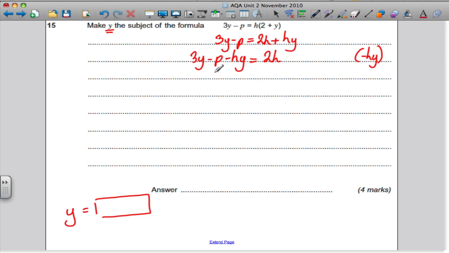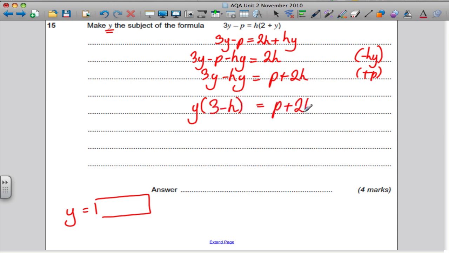Remove this here because it doesn't have a y in it, so add p to both sides. So you've just got things with y's in it: 3y minus hy is equal to p plus 2h now. You've got a y as a factor of 3y and a y as a factor of hy. So factorise the y out, and you would get 3 minus h in brackets is equal to p plus 2h.